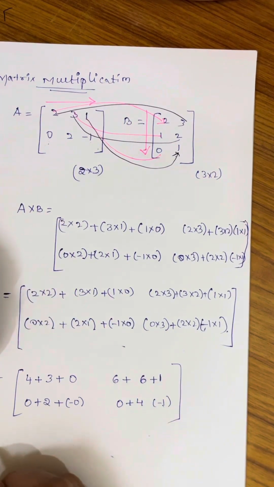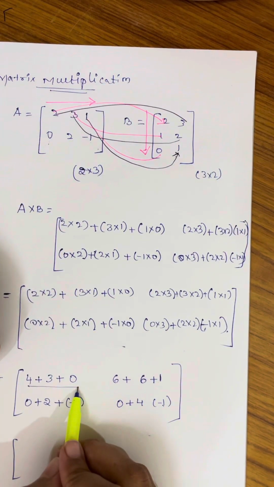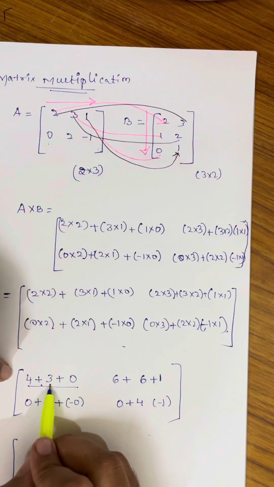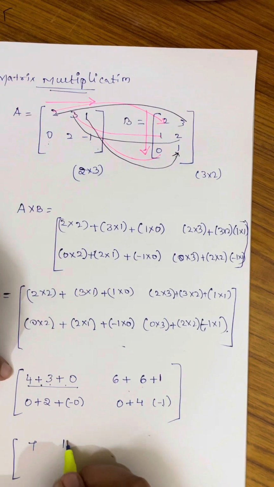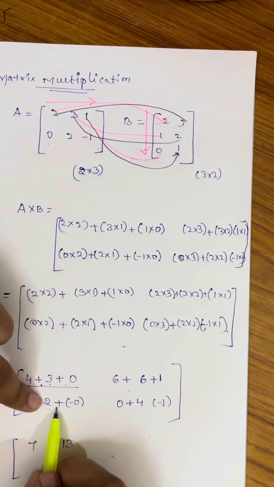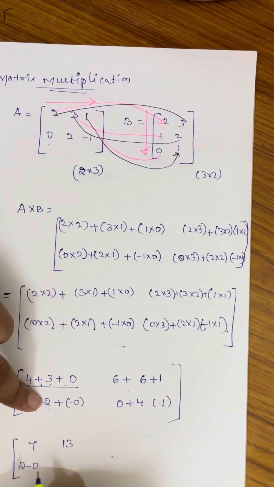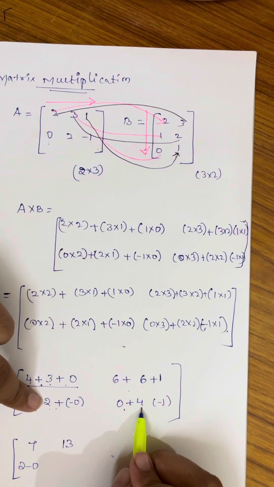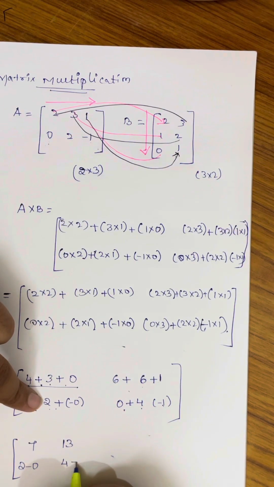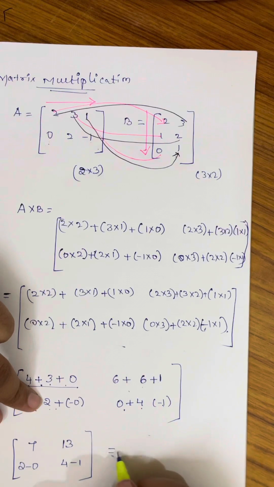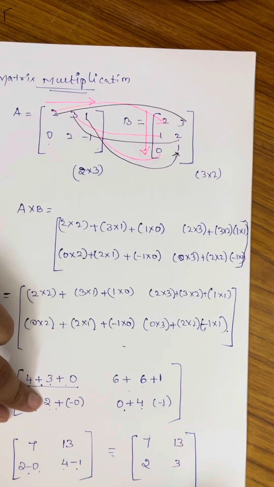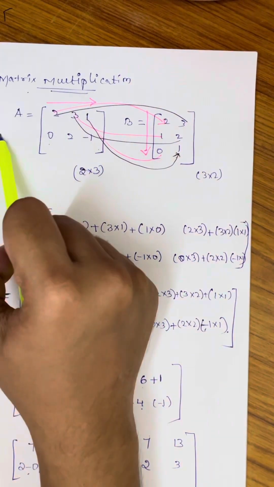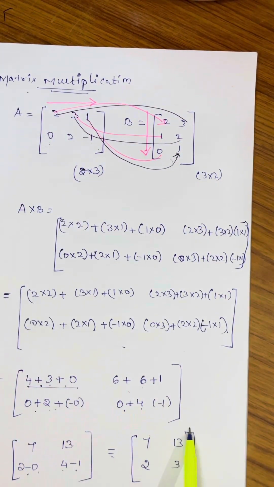So 4 plus 3 plus 0 is 7, 6 plus 6 is 12, 12 plus 1 is 13, 0 plus 2 is 2, plus into minus is minus 0. Then 0 plus 4 is 4, 4 plus of minus 1 is 3. So your matrix multiplication for A cross B is 7, 13, 2, 3.